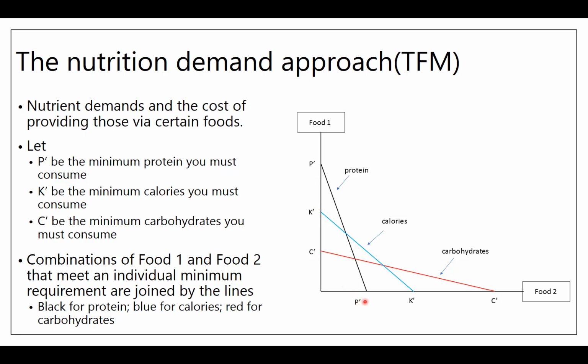Food 2's characterization might be that it's a good source of protein compared to carbohydrates. We can't say whether it's expensive or cheap because we haven't added cost yet. We don't know. Food 1 could be a very cheap food, and so it could end up being a cheap way to get protein and everything else.